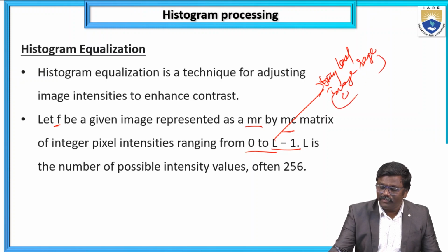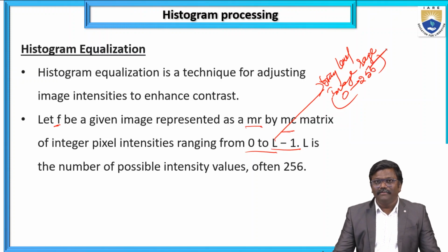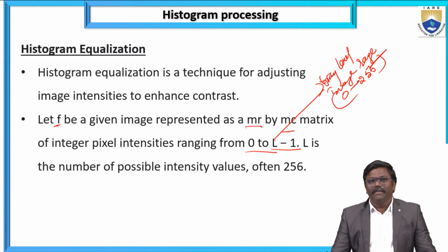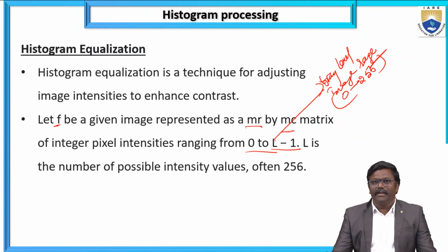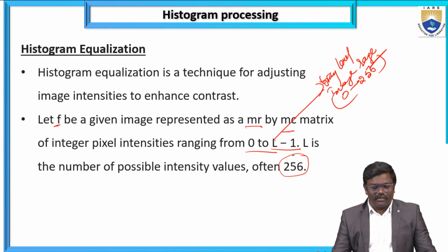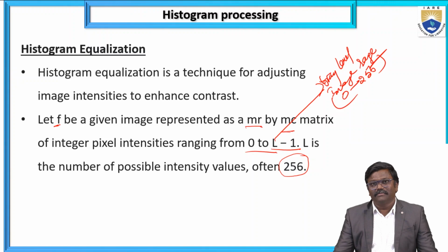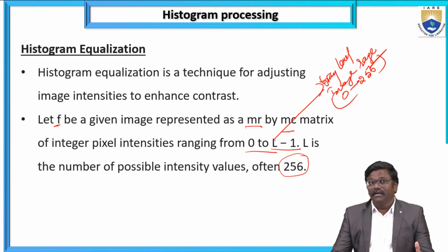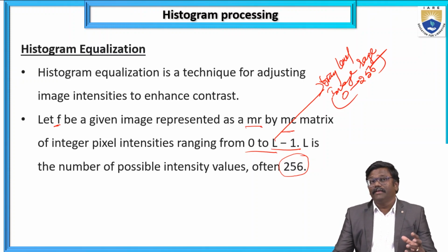What is this range? It may vary between 0 to 255 values. That is, it varies at most 256 values only. So that is the range of L which we define, max 256 values only. These 256 possible intensity values are the basic, fundamental information about an image which we consider in terms of gray.